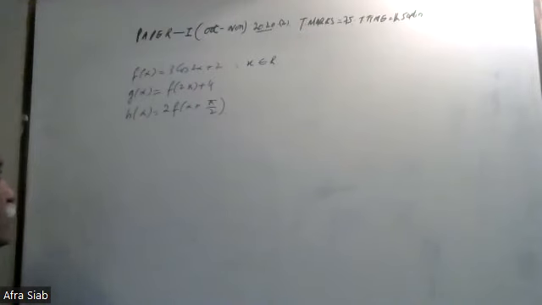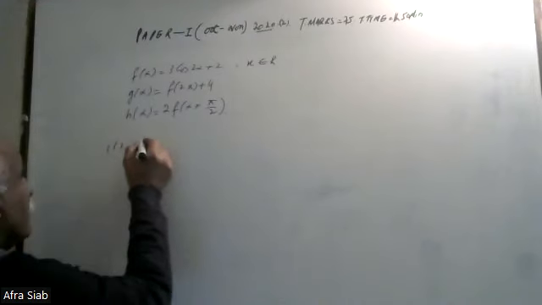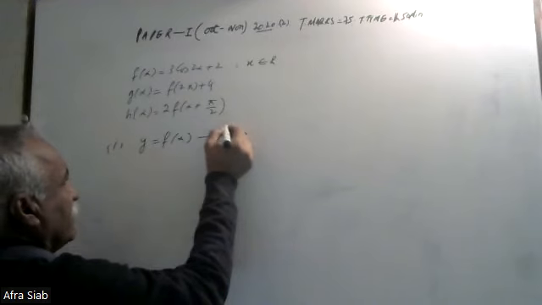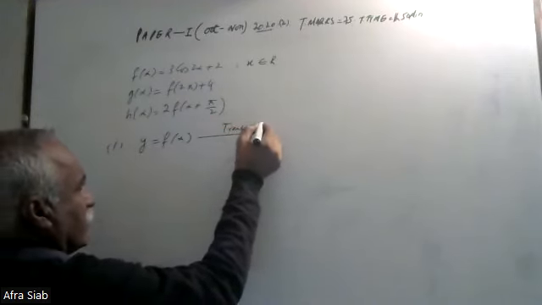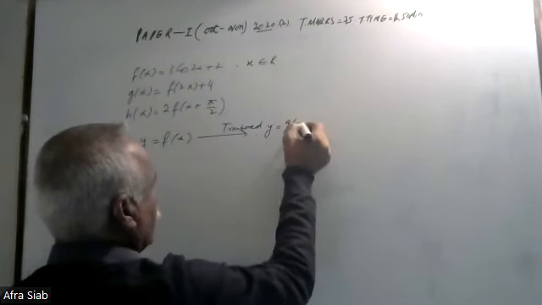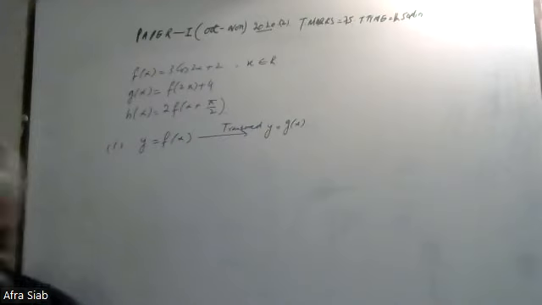G of x is equal to f of 2x plus 4 and h of x is equal to 2f of x plus pi by 2. In the first part, they ask that if y is equal to f of x and that is being transformed to y is equal to g of x, then describe fully the transformations used in this part.